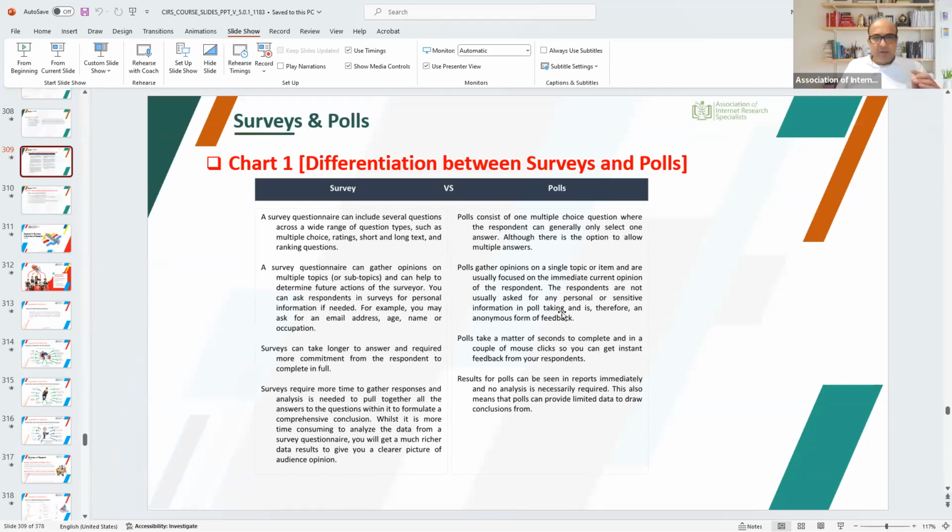So these are just two comparisons. In any case, polls are not very difficult to understand. We have all seen them. Political polls are very common, but surveys are more complicated than polls for sure.